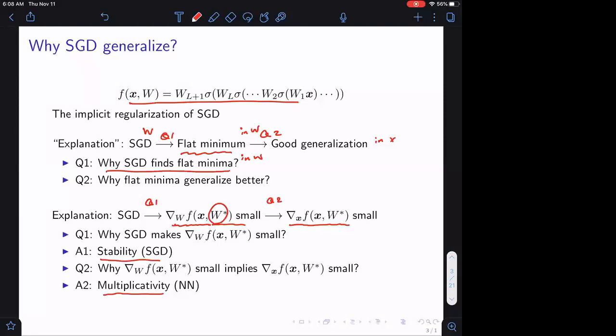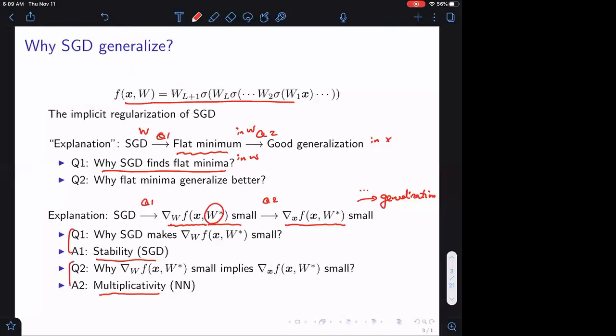And once I have the bound on the X derivative, by adding a few technical conditions about the data set, which I will explain in detail, this implies generalization, in the sense that when you apply the model function with W star parameters to a new data set, it will give you small error as well. Okay, so this is the overall plan, and I will make these two questions more precise and also answer them.